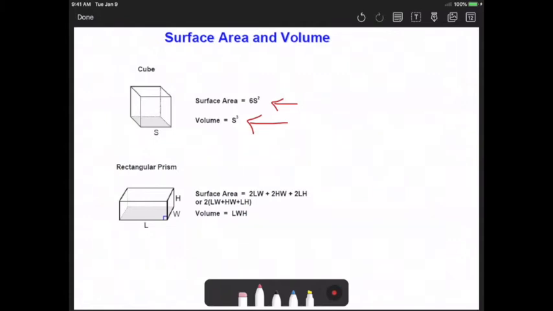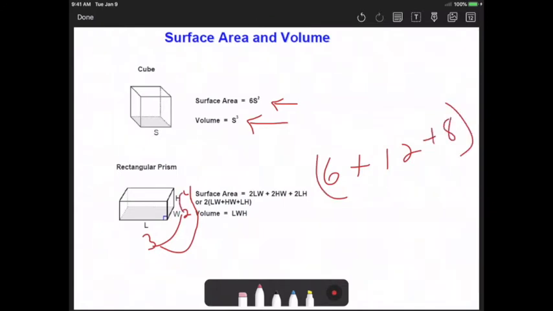So basically you're using every number twice. So if your numbers are, let's say, 3, 2, and 4, you do 3 times 2, which is 6, plus 3 times 4, which is 12, and then what we didn't use is 2 times 4 is 8. And then you times the whole thing by 2, so it's 26, 26 times 2 is 52.